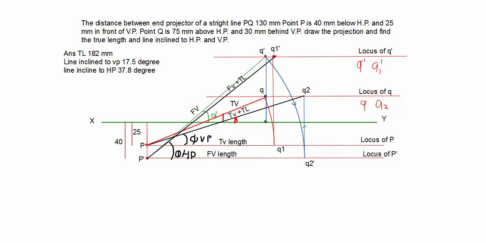Now make it parallel. You get Q1, that is your plan point, and its elevation is always on locus of Q dash. So we move vertically, then we get Q1 dash. Now I join this Q1 dash with elevation point P dash. We get our line inclined to HP, and the answer is 37.8 degree.